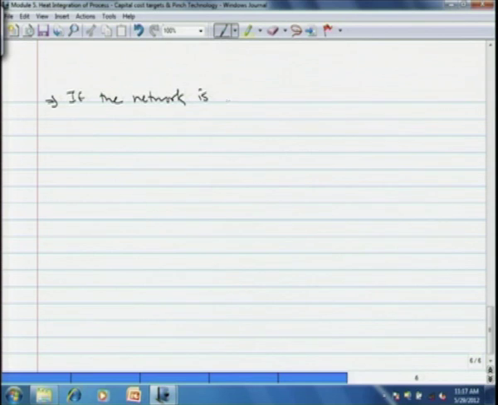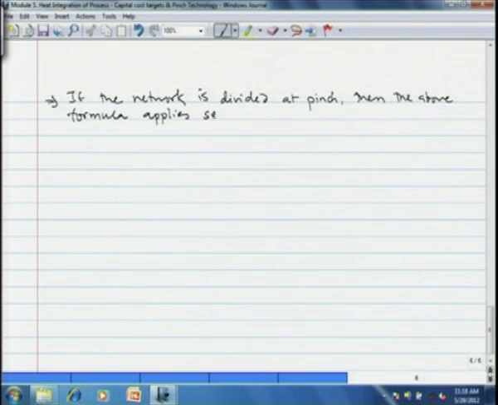If the network is divided at pinch, then the above formula applies separately to above pinch and below pinch region.